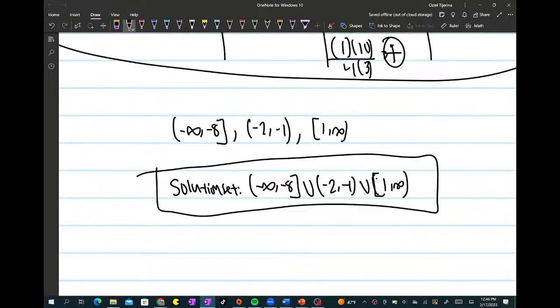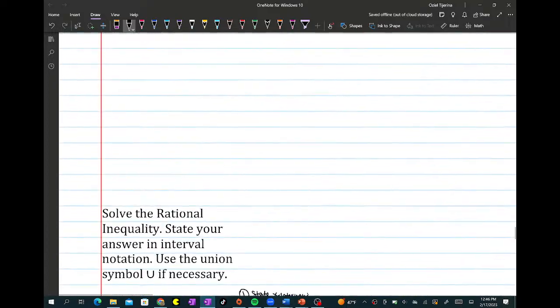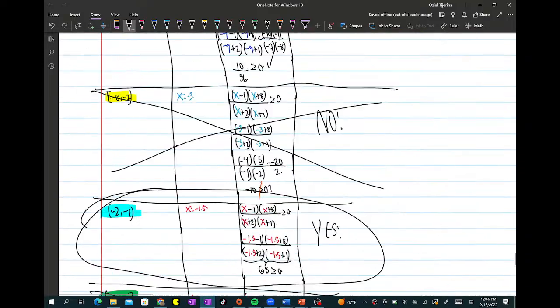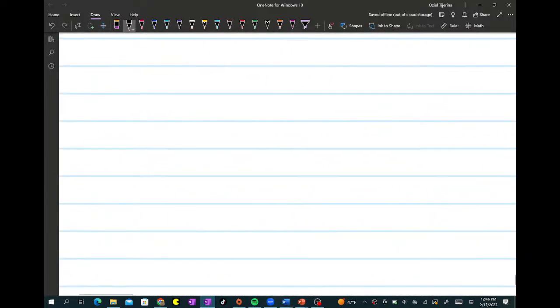Okay. So now I want to do two examples where there's a quadratic involved, and I'll probably do 3, because I want to try to do an easy one, a medium one, and a tough one, if I can.